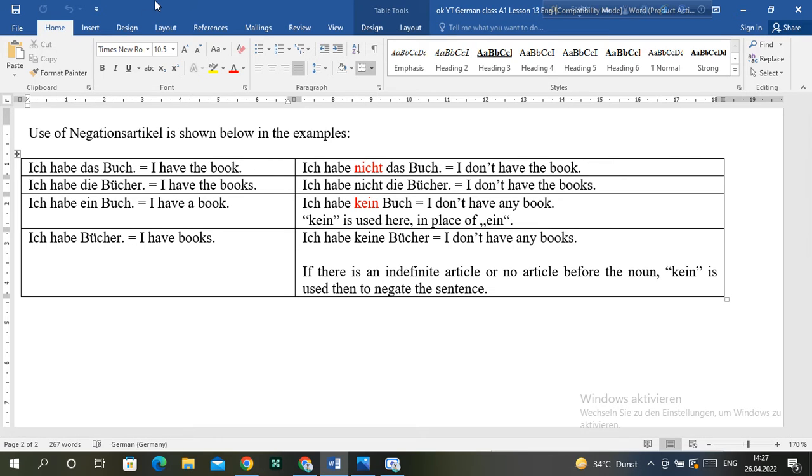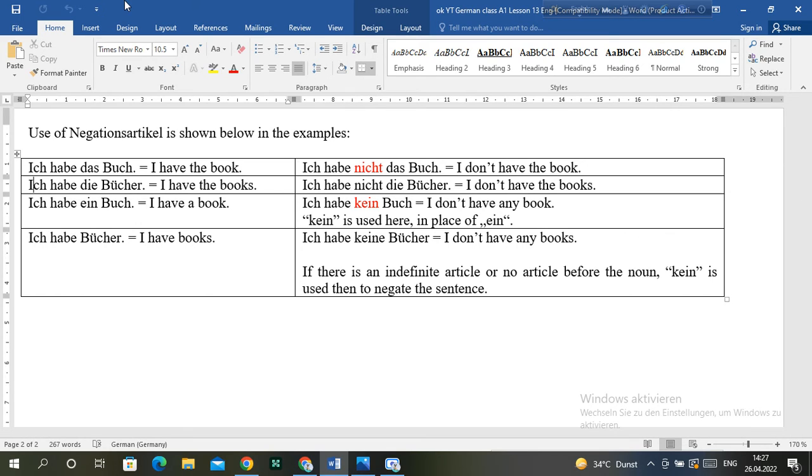Let us take some example. Ich habe das Buch. I have the book. If we want to negate this sentence, we have to take nicht because the noun has a definite article before it. That's why we have to take nicht.